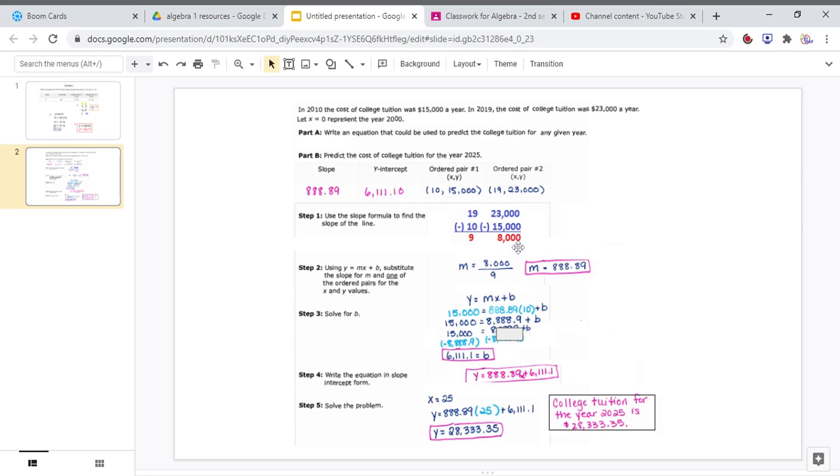Then we write our second number over top of our first again, and this gives us our slope. Once we reduce this, it gives us our actual slope, which was $888.89.